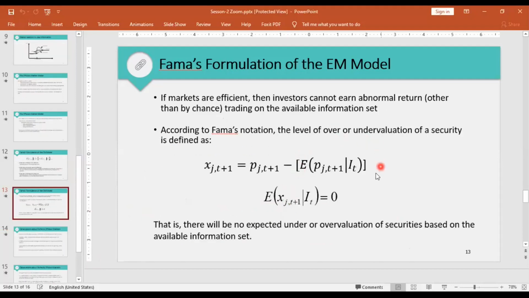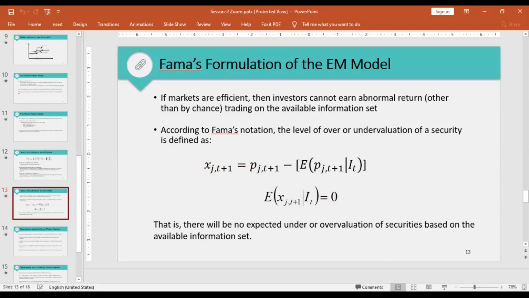Now, this is the expected price. And this would be the real price. And the expected change between the expected price and the real price is going to be 0. Because there might be a change in the future, that is XJT plus 1.